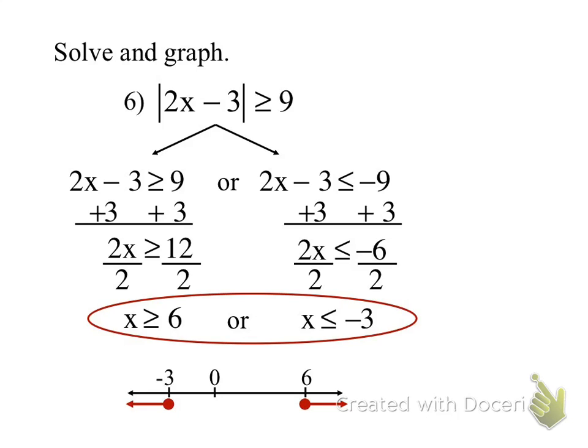Bigger or equal to 6. On the number line, which way do the numbers get bigger? To the right of 6 or to the left? The right. Then we make sense of this one. x is smaller or equal to negative 3. Where do the numbers get smaller on the number line? To the left. Does that make sense? Yeah.